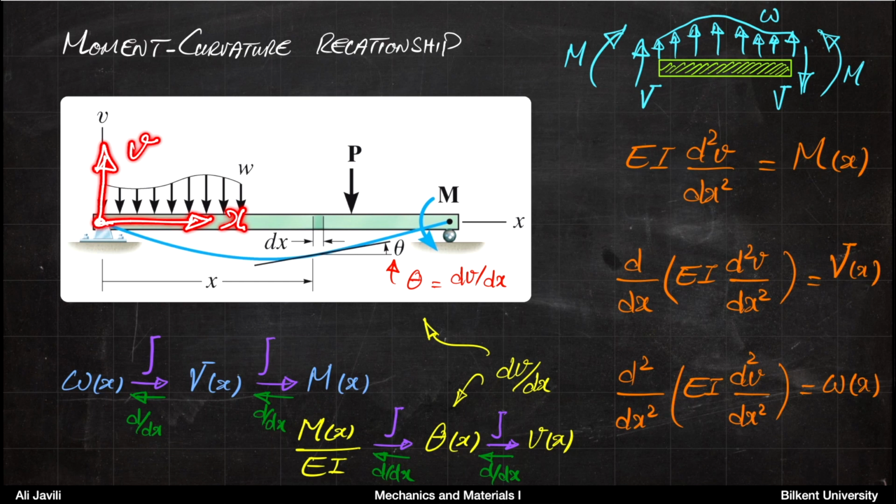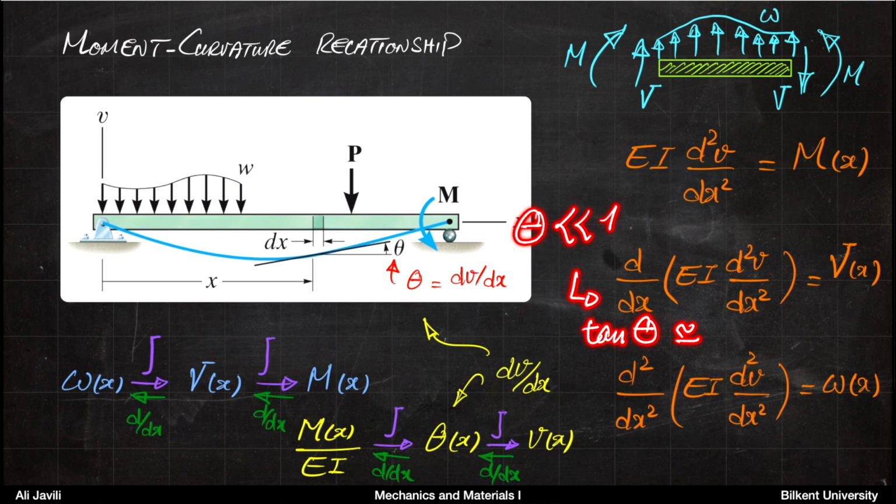So that means that here, for instance, theta is positive, and if you think of theta here, you would have a negative sign for theta. And then again, the reason that we allow ourselves to say theta is the derivative of deflection with respect to x is that we already assumed that theta is a very small number, or otherwise we have assumed that tangent of theta is sufficiently equal to theta itself.